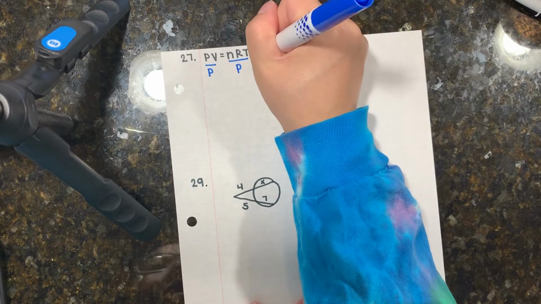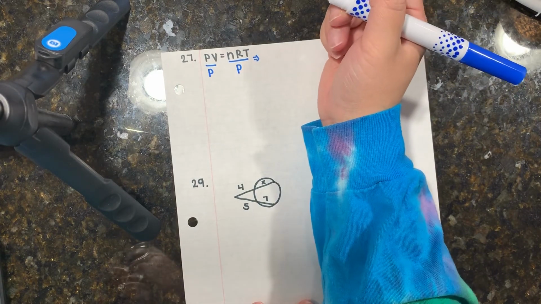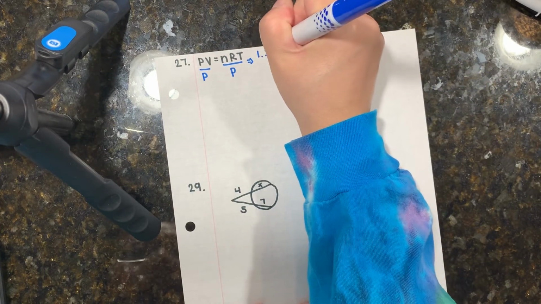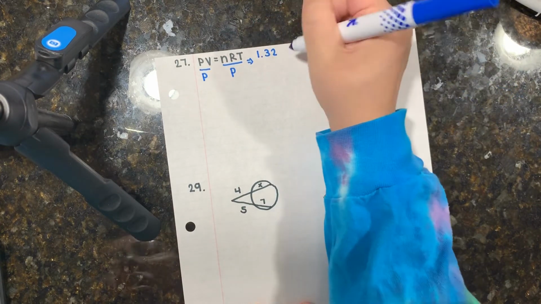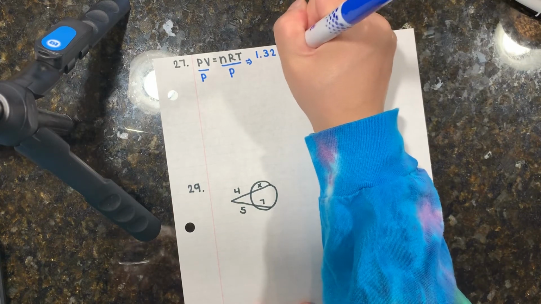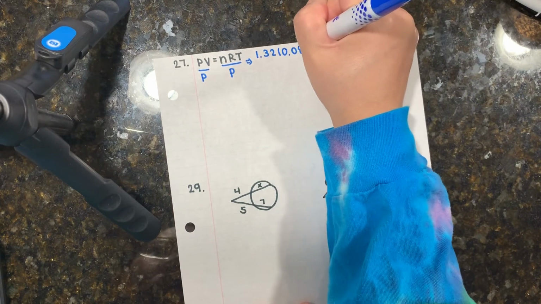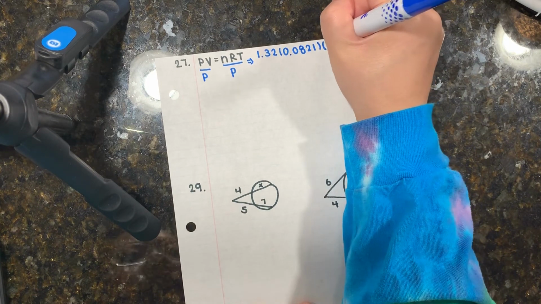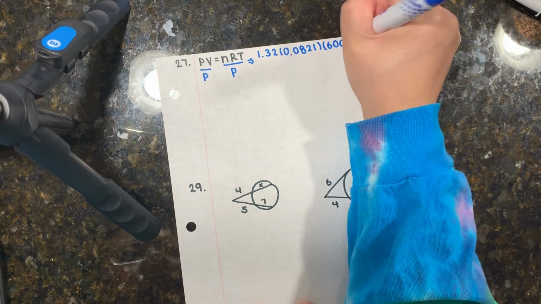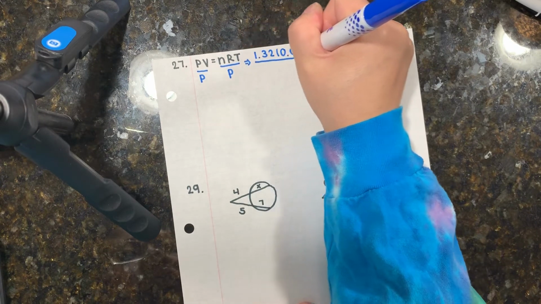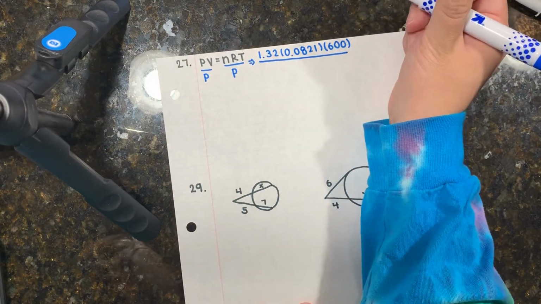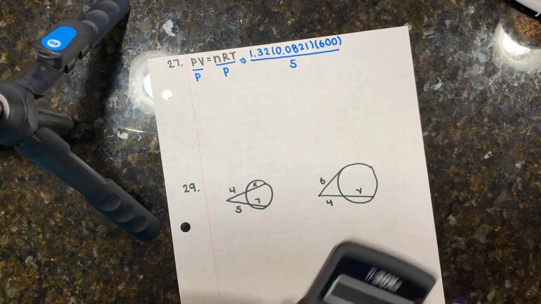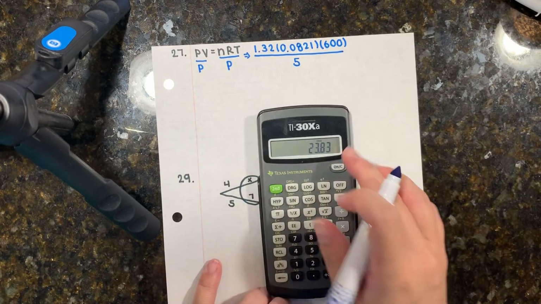Now, if you can recall, the n is going to be the number of moles. So it says 1.32 is the number of moles. And then R is just standard, so that would be 0.0821. And then our temperature, they give us a 600. And that's all going to be over the pressure that they give us, which is 5. So now all you need to do is multiply that through on your calculator.